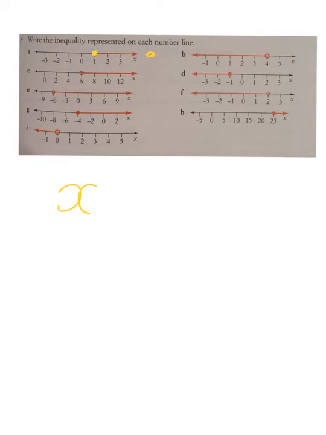That means it includes the number 1. And it's also greater than 1. So what we need to have is a greater face. So X is greater than or equal to 1. Okay, so where the dot lies, that's what we're looking at.